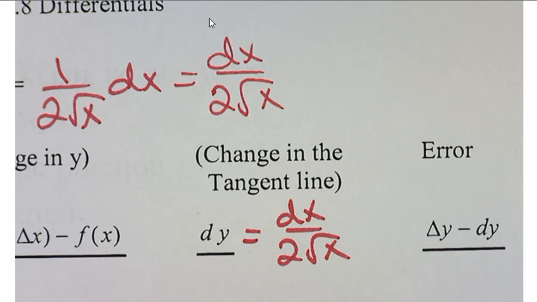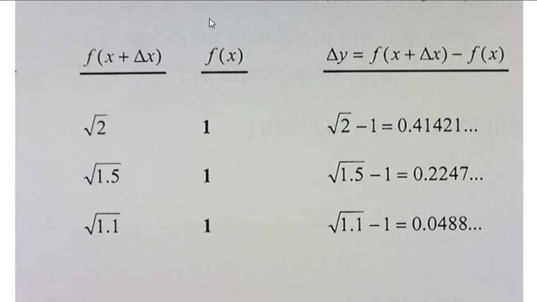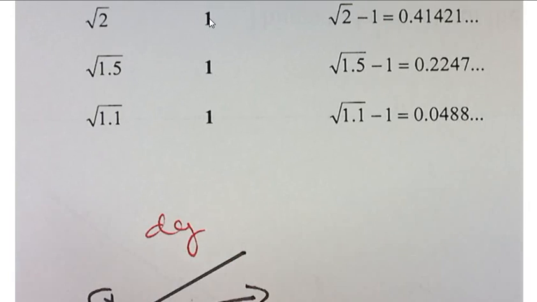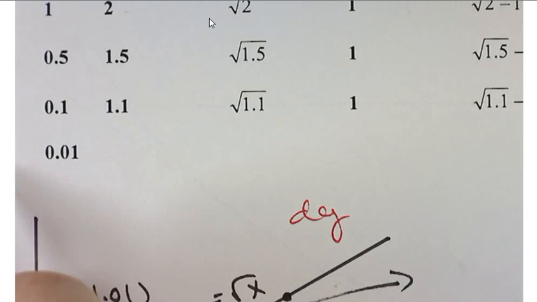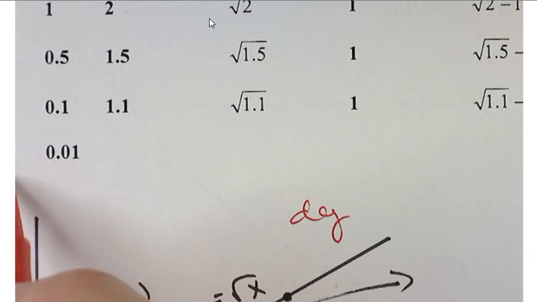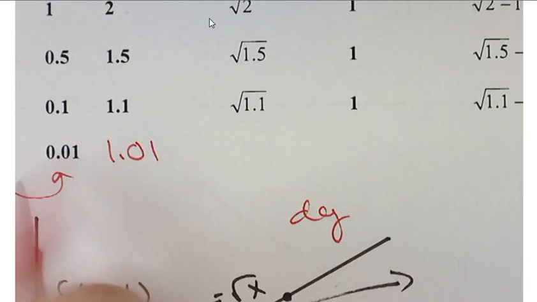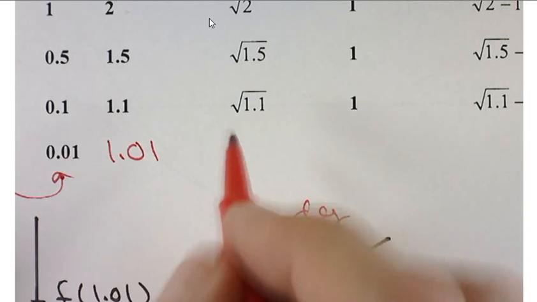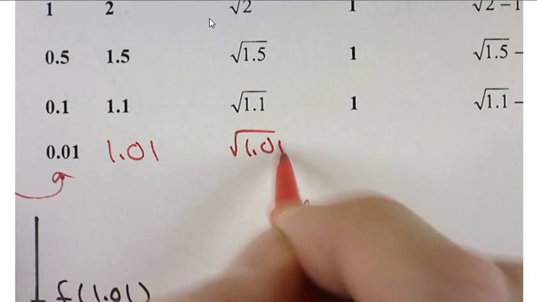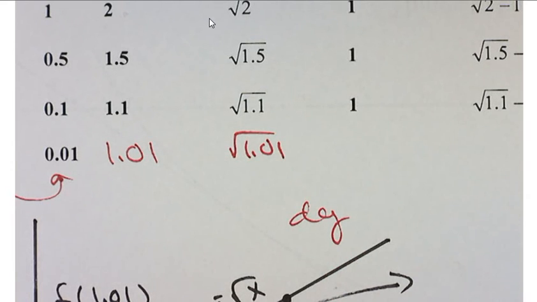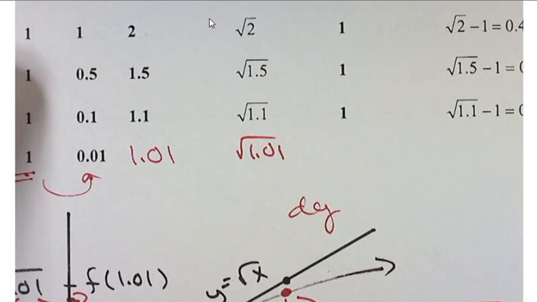Let's use that to fill in the rest of this table then. So if I start out at 1 and I want to calculate the square root at 1.01, that is my x plus delta x, well, then I'm going to cause the function to change a little bit. How much is it going to change?